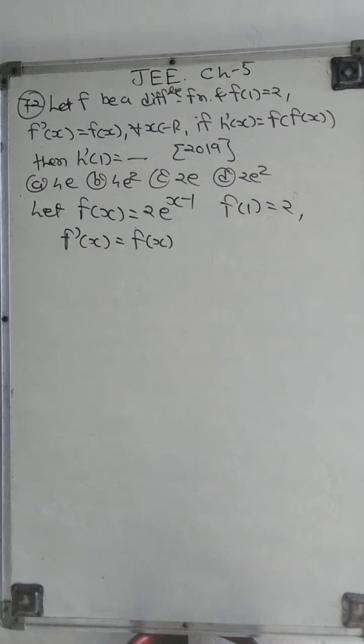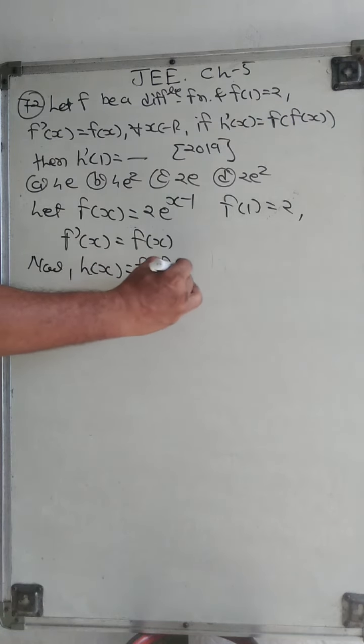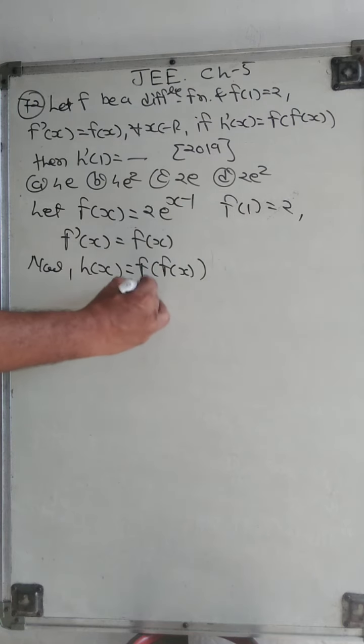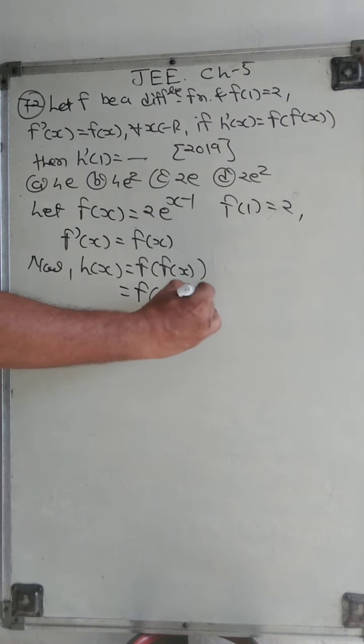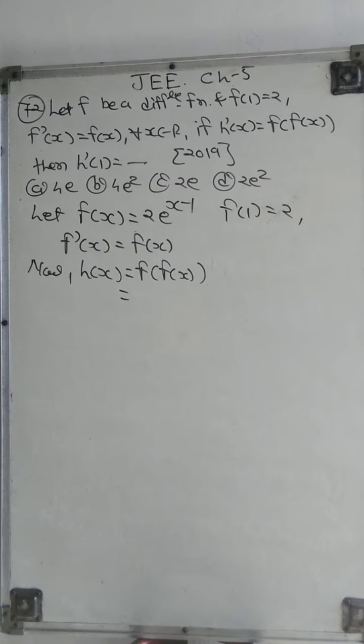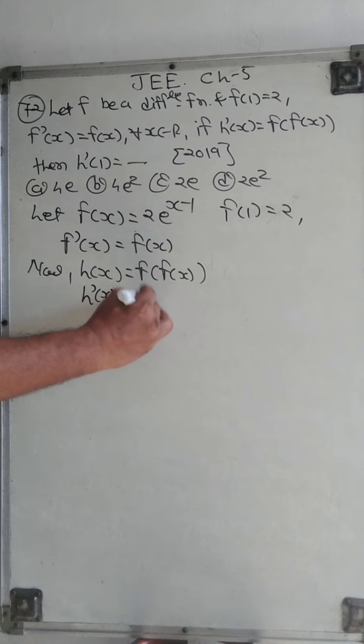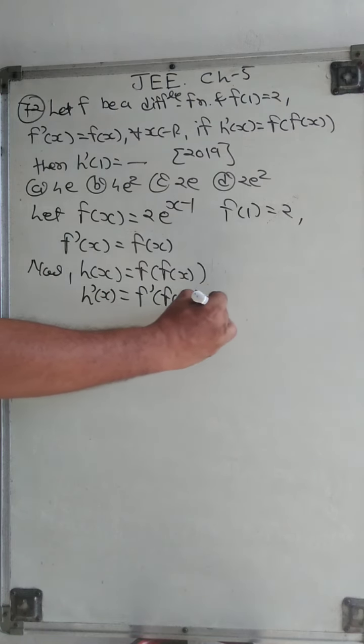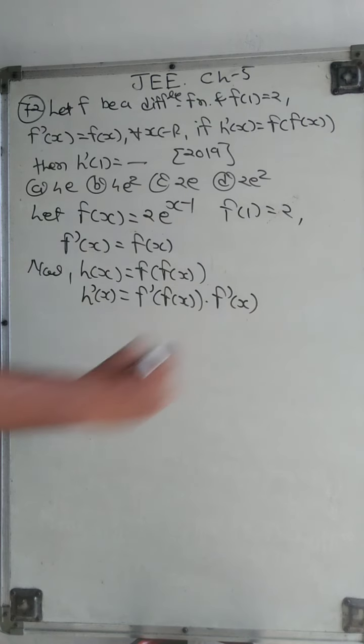Now here h(x) equal to f(f(x)), right? So f of 2 e raised to x minus 1. Now we just find the derivative. h dash x is equal to f dash f(x) into f dash x, right?